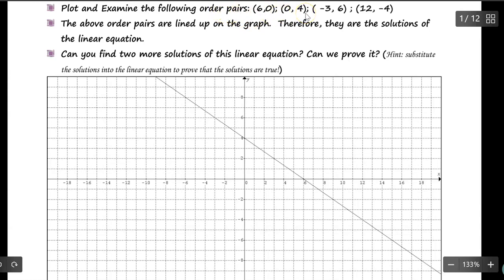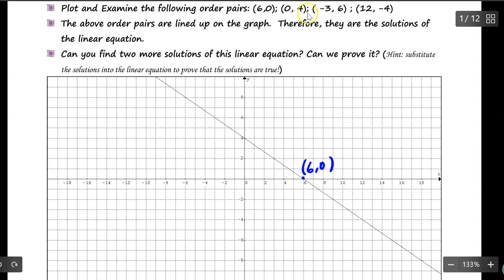First of all, I will take a look at the 6 and the 0. The 6 is the x, 0 is the y. So this must be the point. Let me label that in blue for everyone to see. This is the 6 and the 0. Let me write it down, (6, 0).